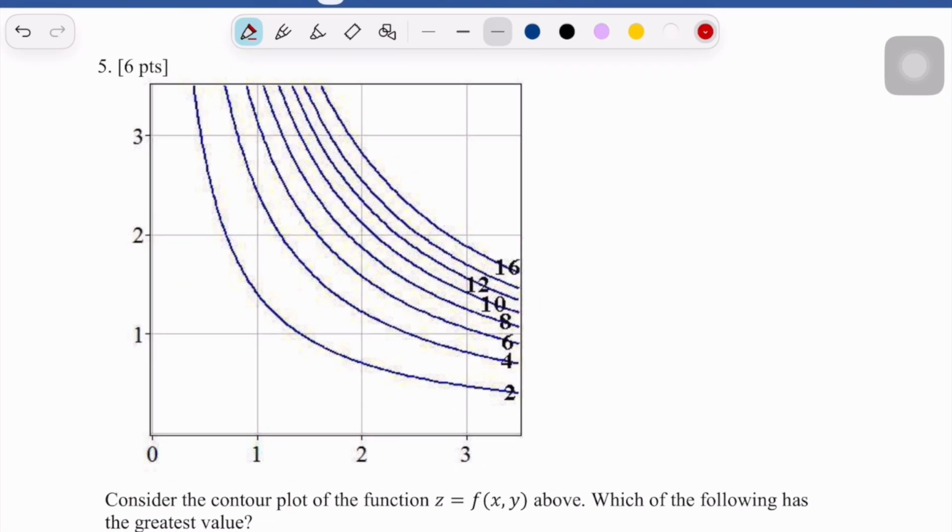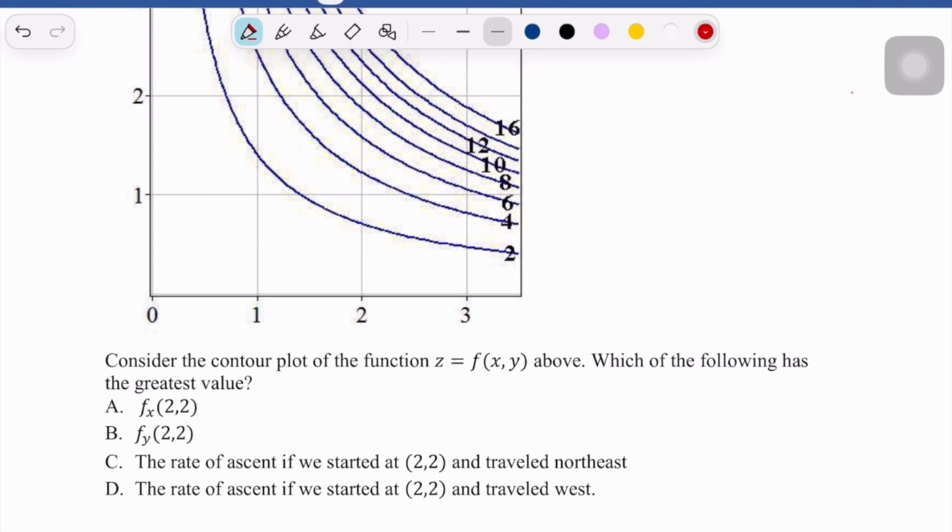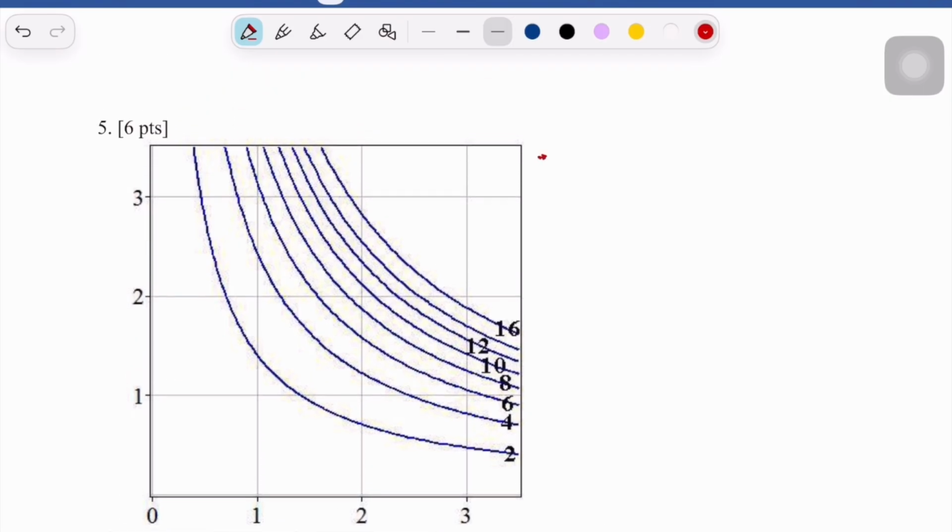Okay, so we have to remember that the greatest rate of increase is in the direction of the gradient, right?